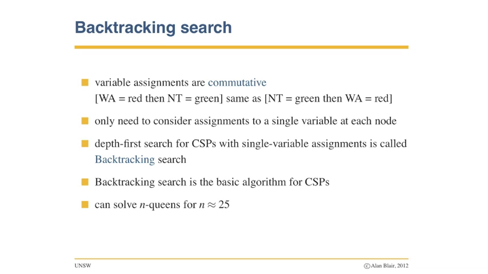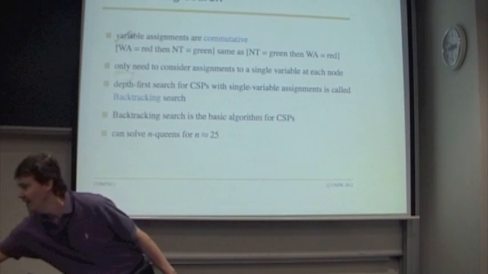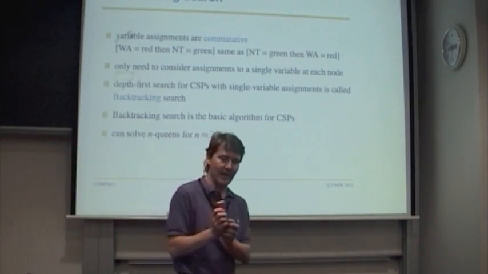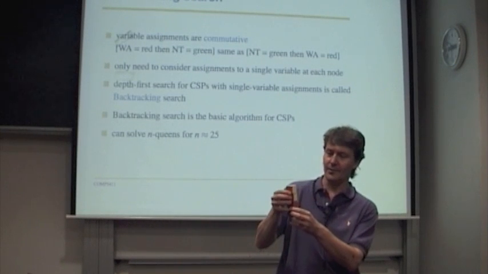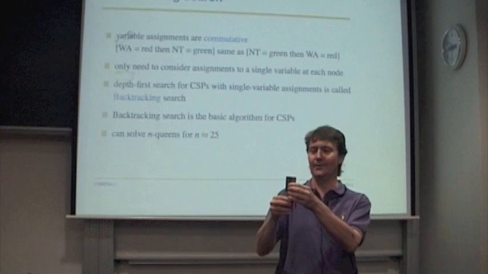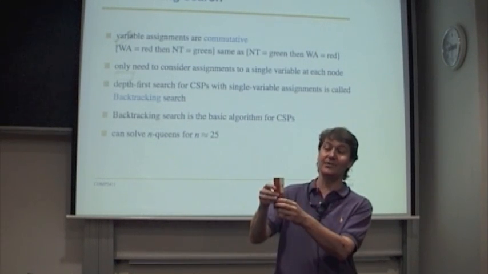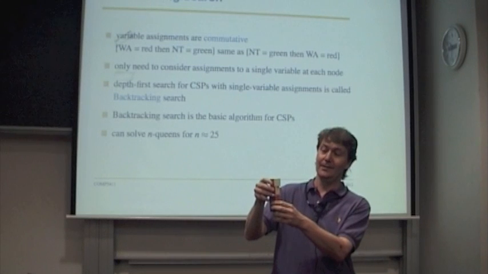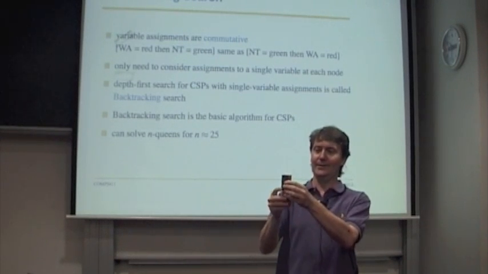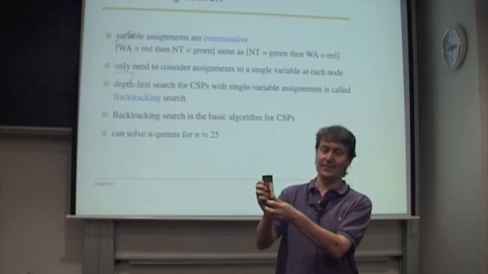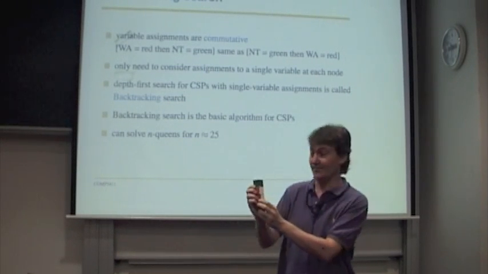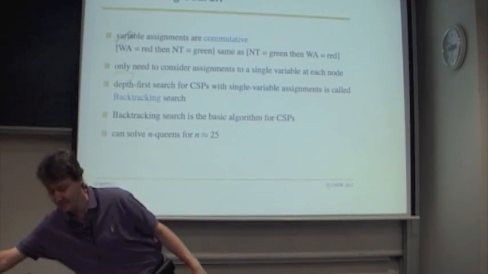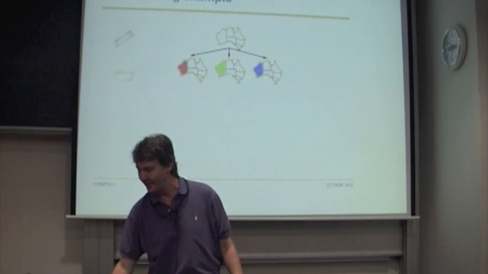Now the variable assignments are commutative. So in the case of the dice, it doesn't matter which die is on top of which other die. As long as each die is in the same configuration, I can move them like this or like this. That's considered to be the same solution, the same state, right? And the same thing with the map colouring.